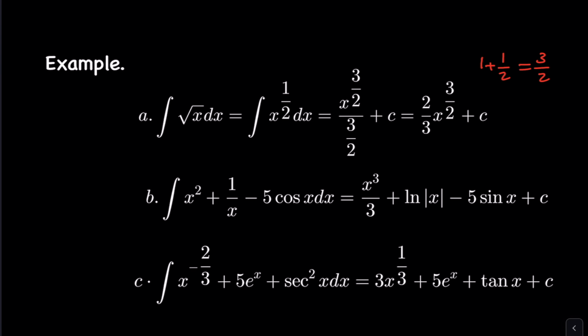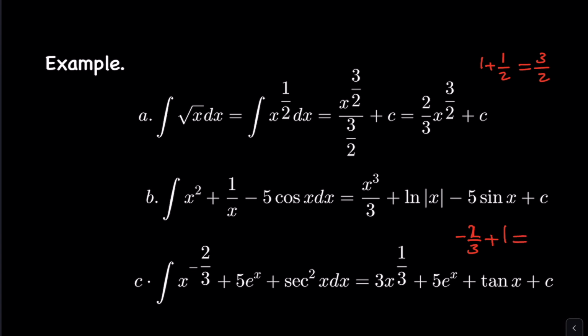Next example, I have x to the power minus 2/3, 5e to the x, and secant squared. I have three functions here, and I integrate them one by one, add, and I will get the antiderivative for the whole function. So here I have x to the power minus 2/3, and so you know that you have x to some power, and in order to find an antiderivative, you need to add 1 to minus 2/3.